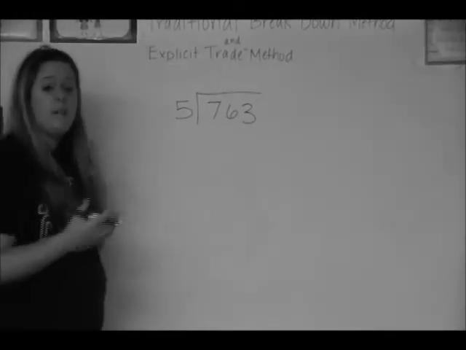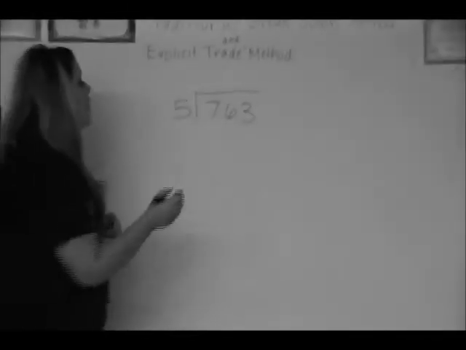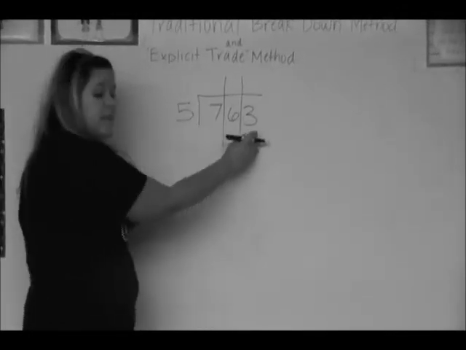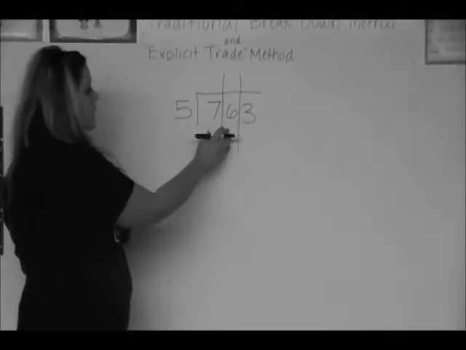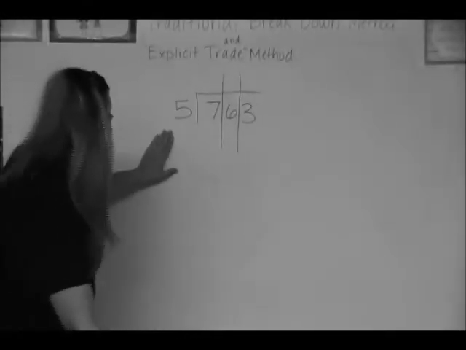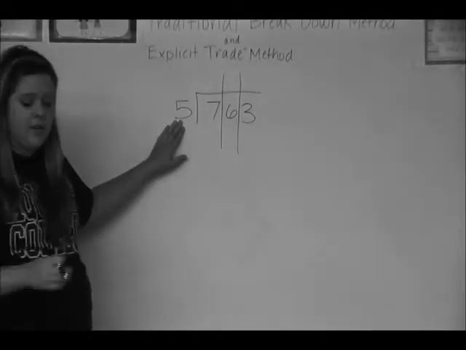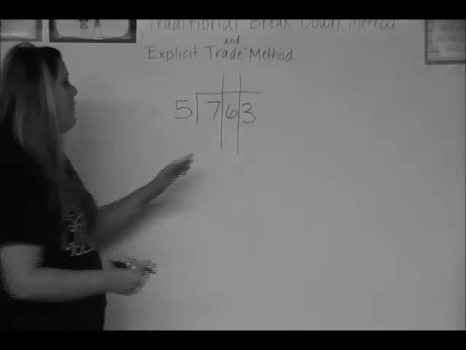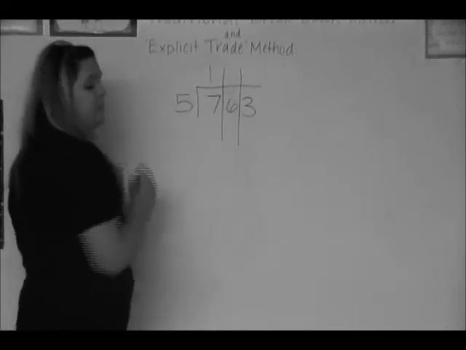Now using this, you are going to follow the same process. We are going to divide our place values. 3 is going to be in the ones, 6 is going to be in the tens, and 7 is going to be in the hundreds. And we are going to then look at how many times 500 can go into 700. 500 can go into 700 one time.